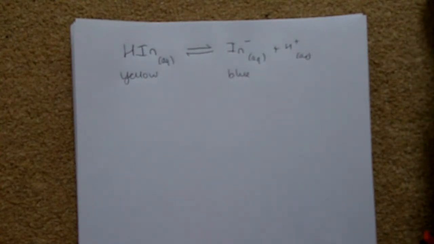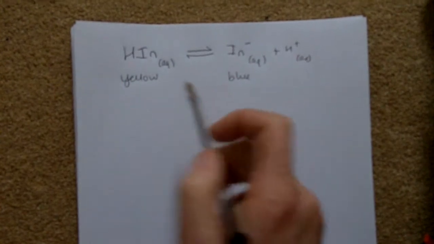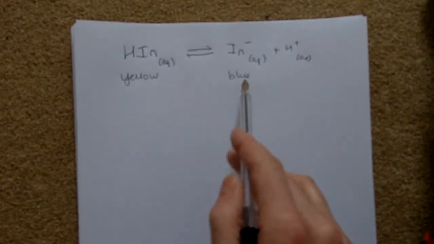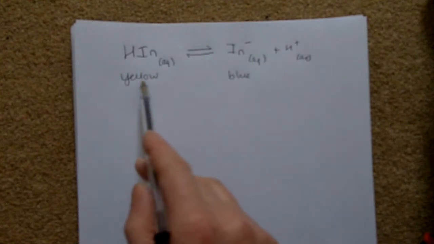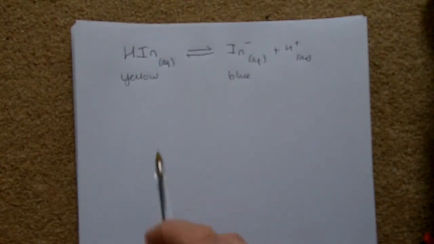This species, In minus, is blue, plus H plus. The indicator solution appears green because it contains both the yellow HIn and the blue In minus. So it looks a green colour because it's a combination of yellow and blue.